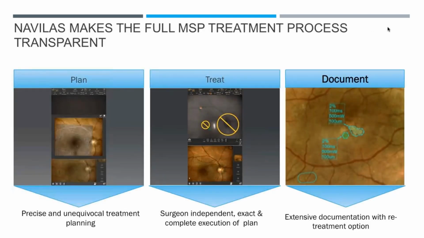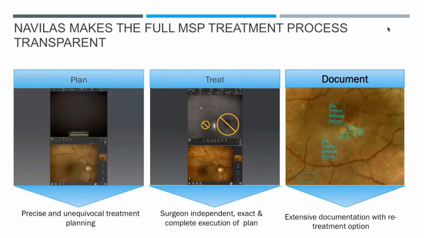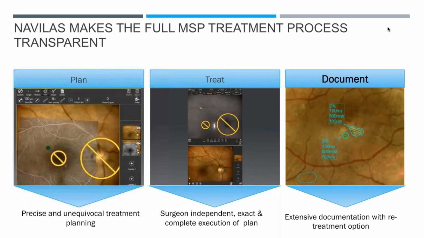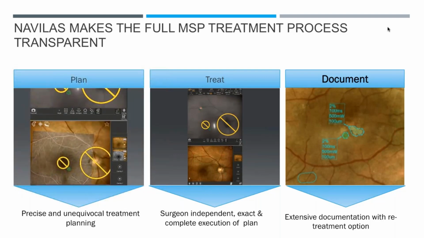So again, we are starting with planning and covering the areas that we must not approach. There are different ways, depending on the physician's preference, of whether the treatment will be a grid treatment or a focal treatment.